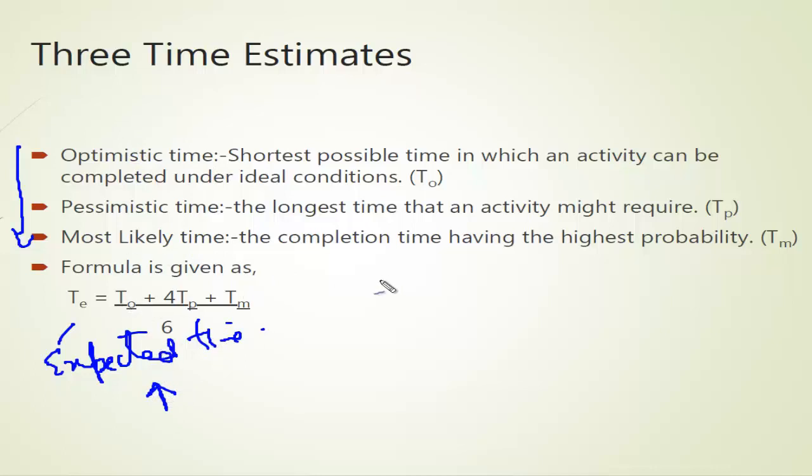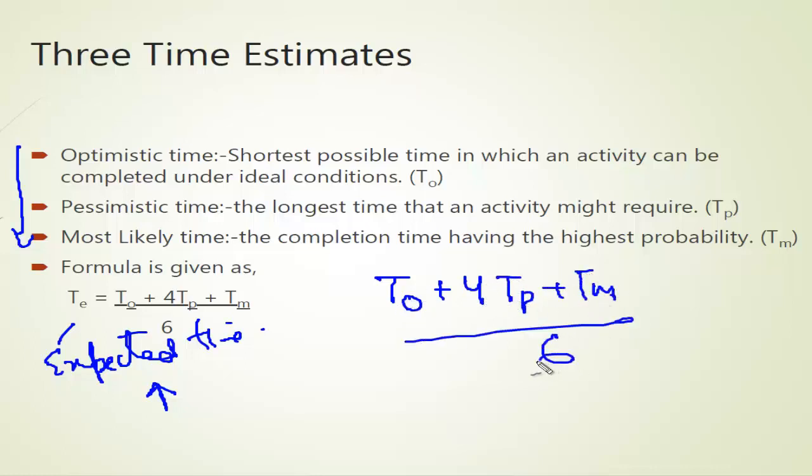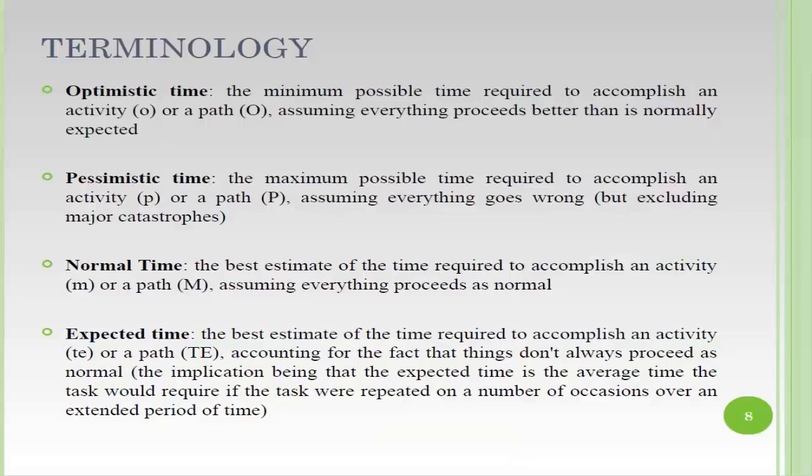That is done by the optimistic time plus 4 times the most likely time, plus the pessimistic time, the worst case, divided by 6. By this formula we calculate TE, the expected time.